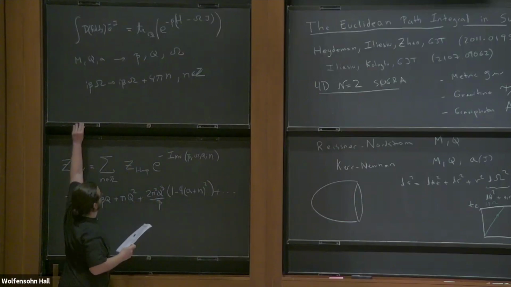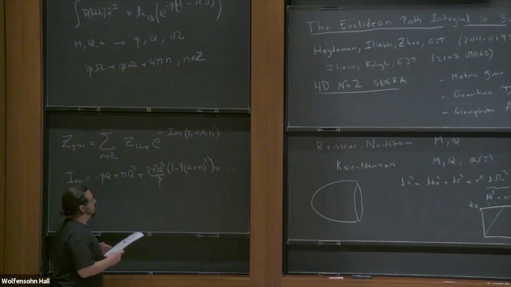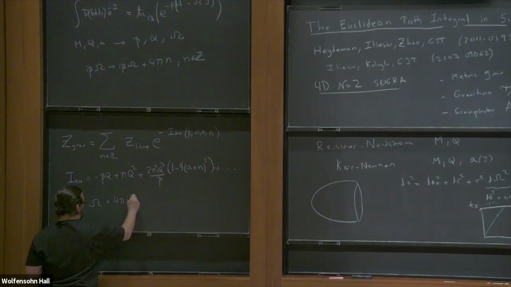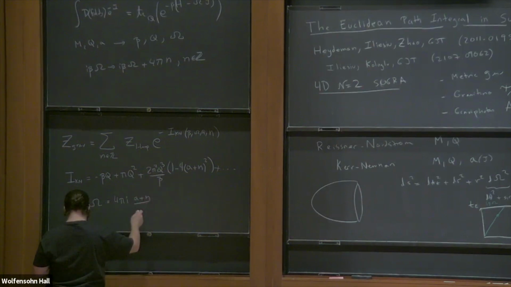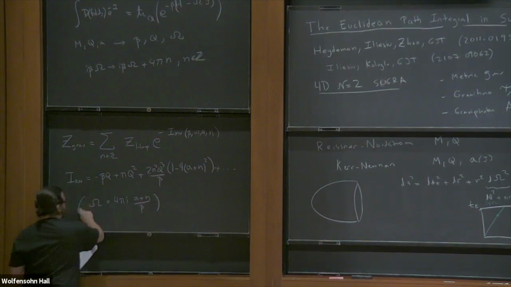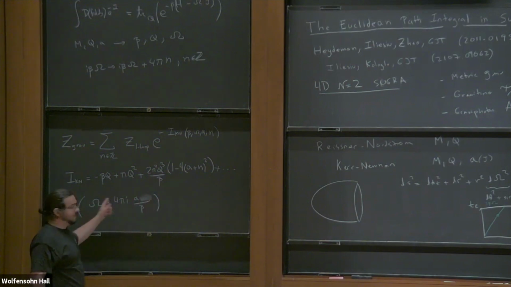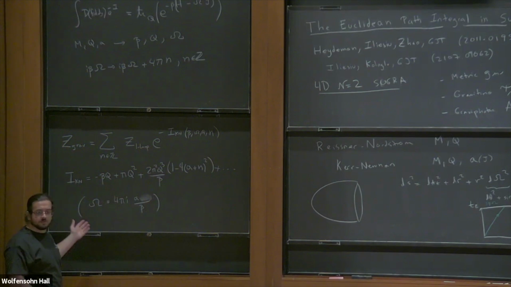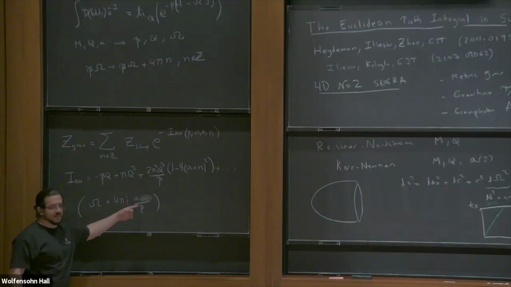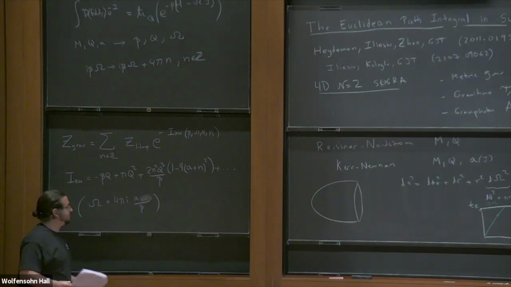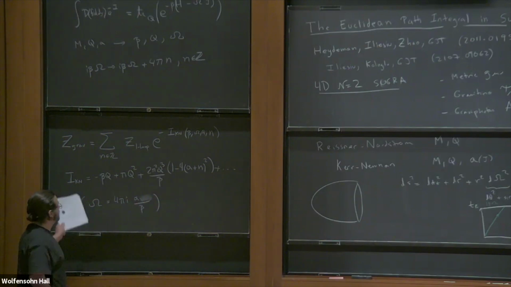It's convenient to write this formula in terms of this parameter alpha instead of angular velocity. This is to make the periodicity manifest. Instead of looking at the periodicity in omega, it's easier to look at it in terms of alpha, which is defined to have period 1. Just for that reason. And then the action has this form.